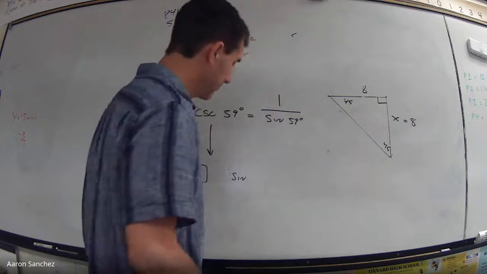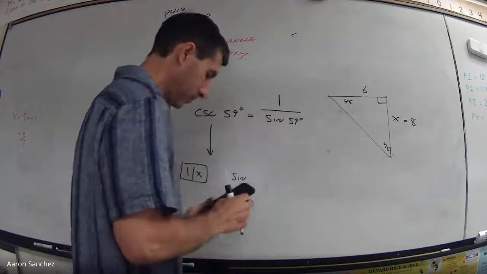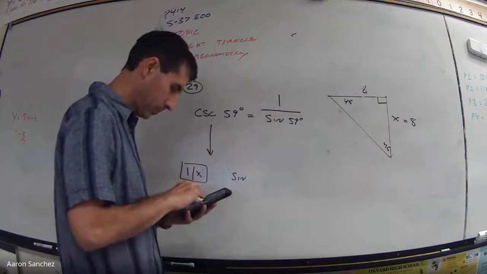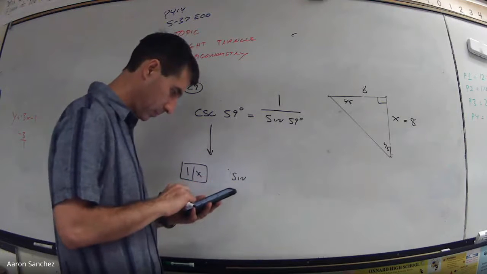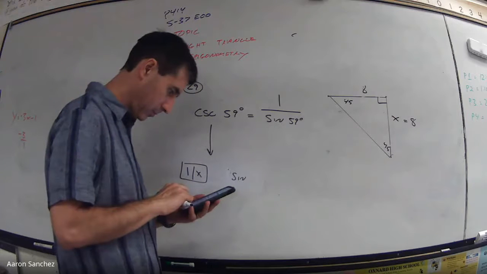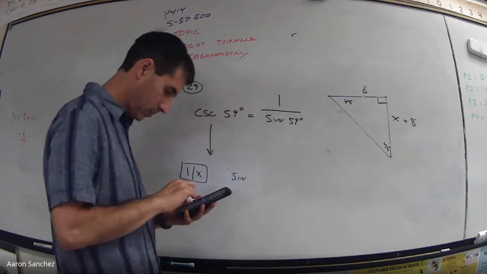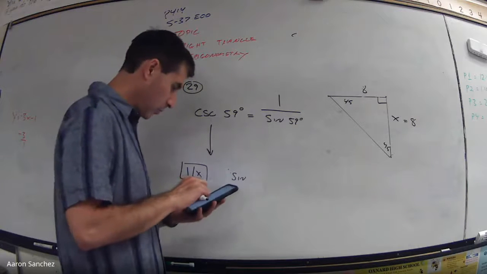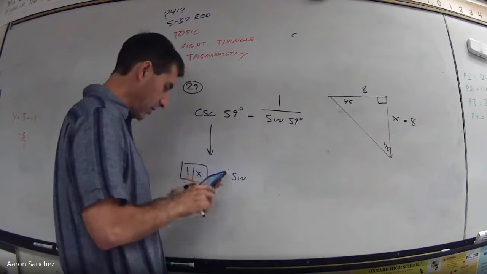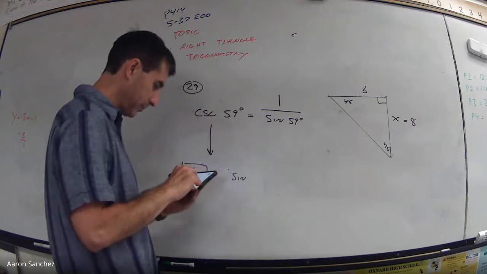Let me think. So you get 1 over x, which is what I'm doing.